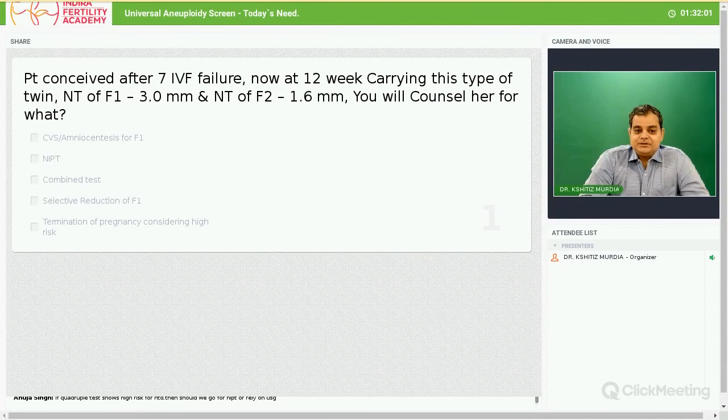Next case, a patient who has conceived after 7 IVF failures, now at 12 weeks, carrying a monochorionic pregnancy, with one fetus having an NT of 3 mm and another having an NT of 1.6 mm. How are you going to counsel this patient?